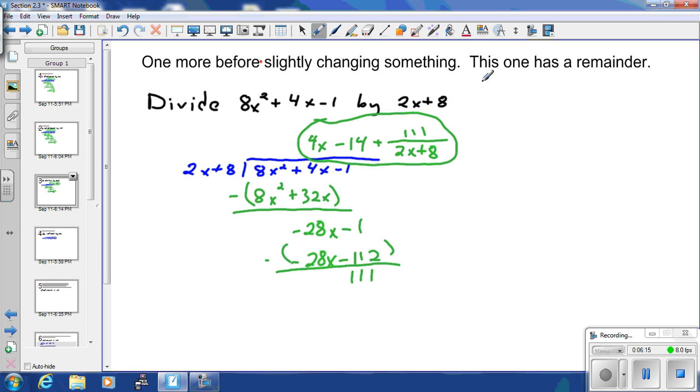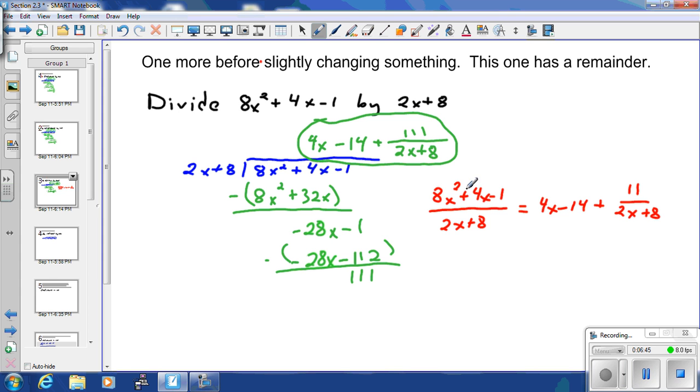I just want to point out that this also implies that, let me write this over here, 8x squared plus 4x minus 1 got divided by 2x plus 8. And what we got as an answer was 4x minus 14 plus the 111 over 2x plus 8.